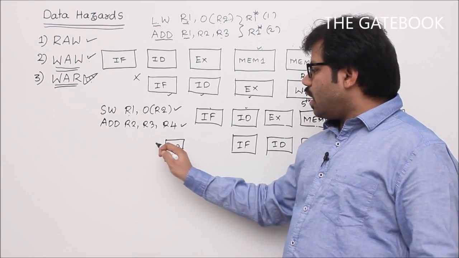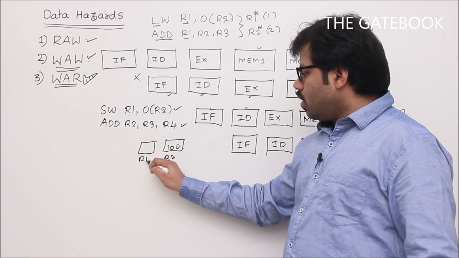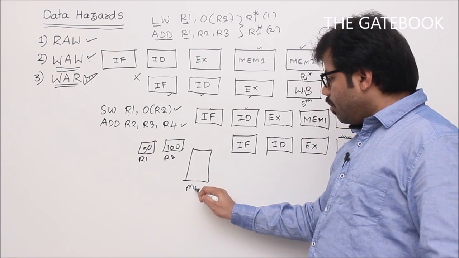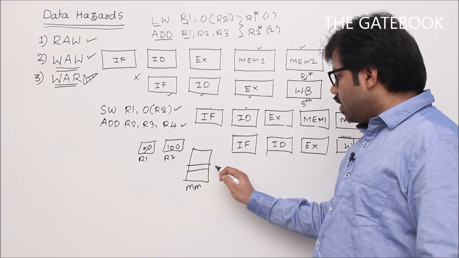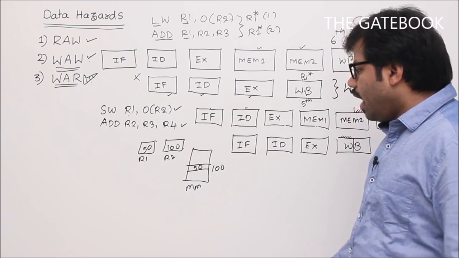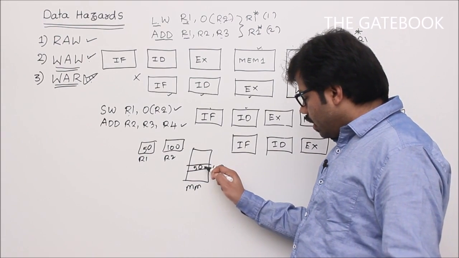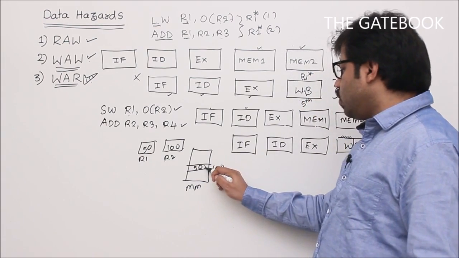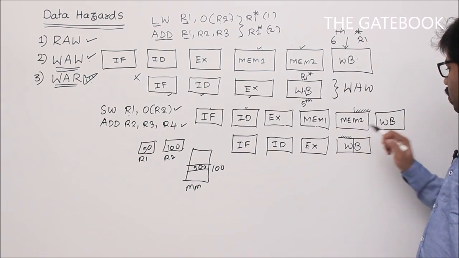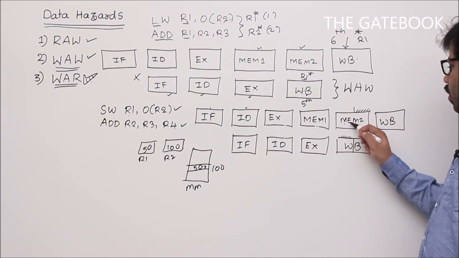R1's content is, let's say, 50. So you can imagine this is your main memory. In the main memory, we will be going to memory address 100, where we will be writing 50. In which stage will we be storing this 50 in the memory address? It is here, memory 2.